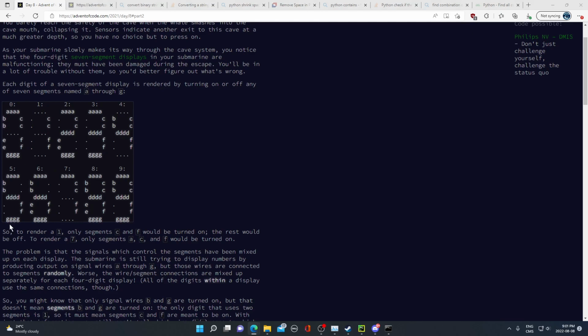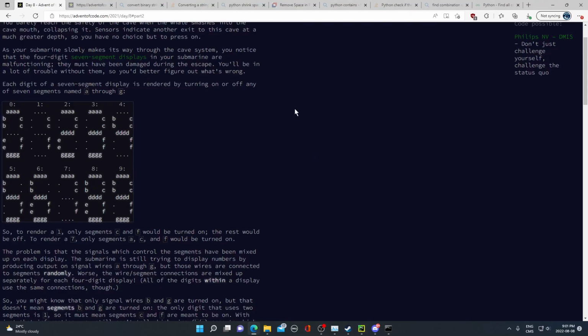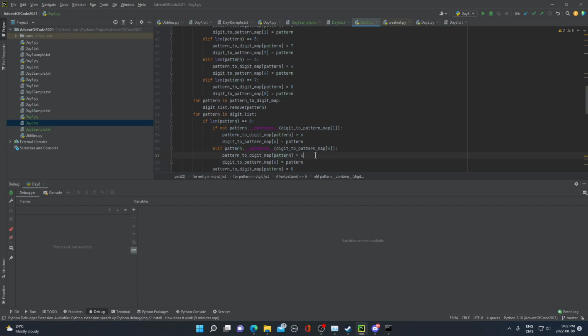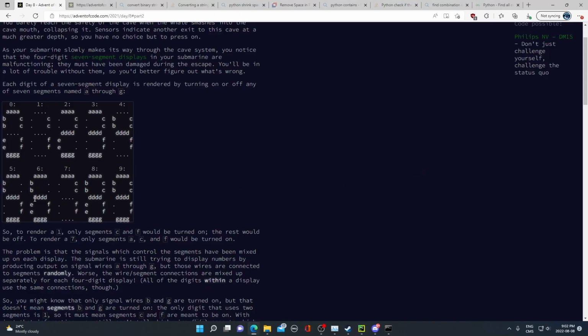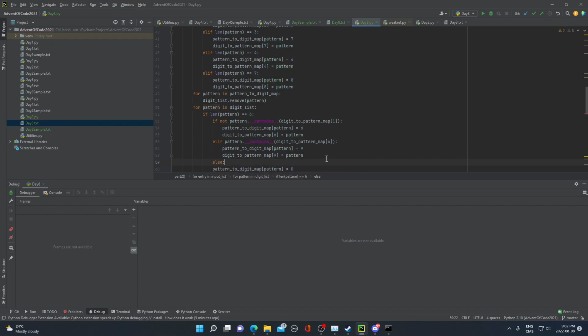If it contains 4, then we know that it's 9. Because 6 does not contain 4, 9 contains 4, 0 does not contain 4. And now we can have the else.